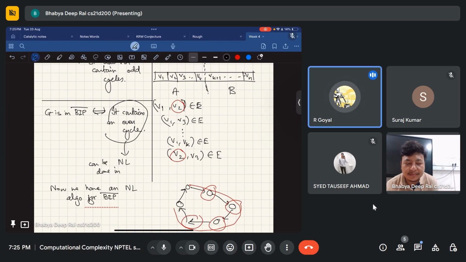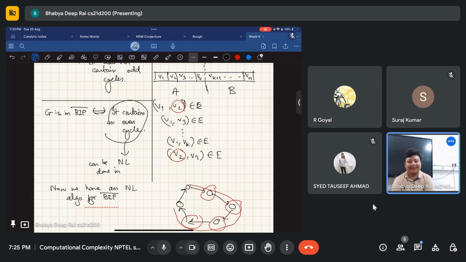So what is to be done, the complement of the bipartite or what? No, complement of bipartite is fine because it's just about checking whether there is an even cycle or not. We can use the same algorithm we used before. Now I want an NL algorithm for bipartite using this fact.